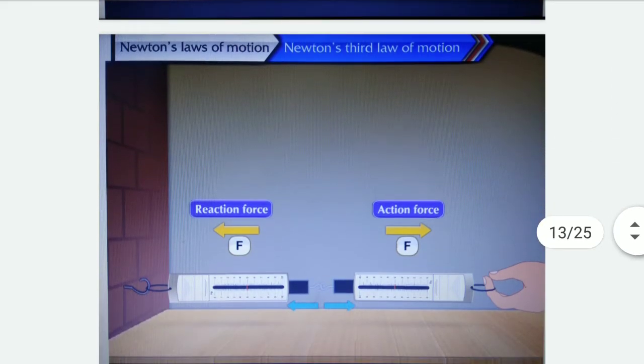This is Newton's third law of motion. The left arrow shows the reaction force while the right arrow shows the action force. These two forces are equal but in opposite directions. The action force is acting towards the right and the reaction force is acting towards the left.